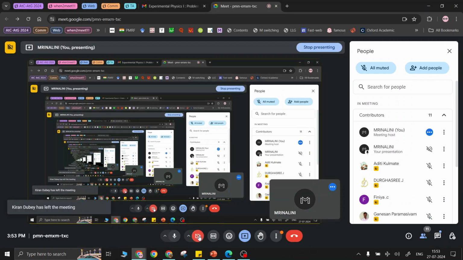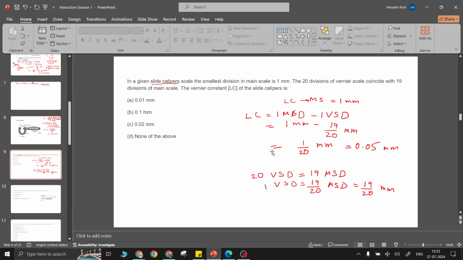Just give me a second. Yeah, okay. So I think there's something wrong with the options, because I think our calculation is correct for the vernier constant of the slide caliper.